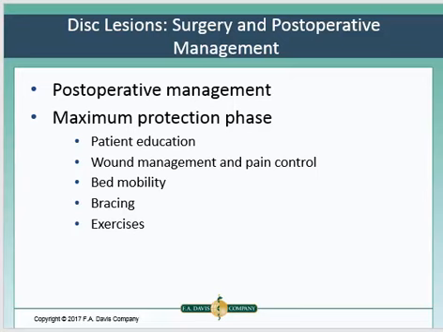Bracing exercises. I'm sorry, that's not bracing exercises, those are braces. So if somebody has had an anterior cervical discectomy and fusion, so how I said in the cervical spine they go anteriorly, sometimes they're put in either a Philadelphia collar, which is a harder cervical collar, or a soft collar.